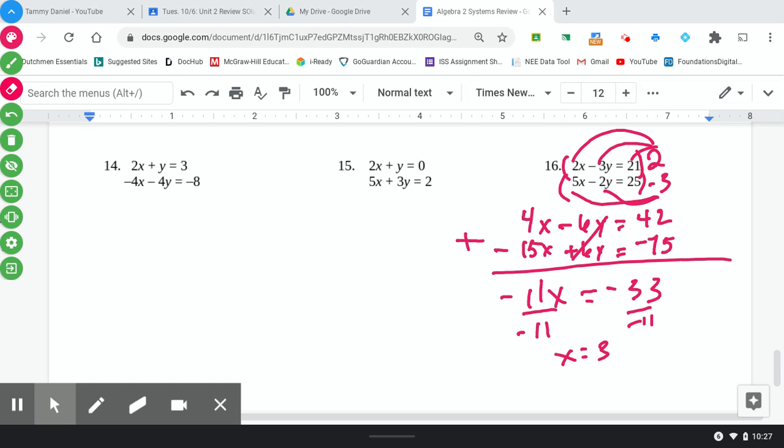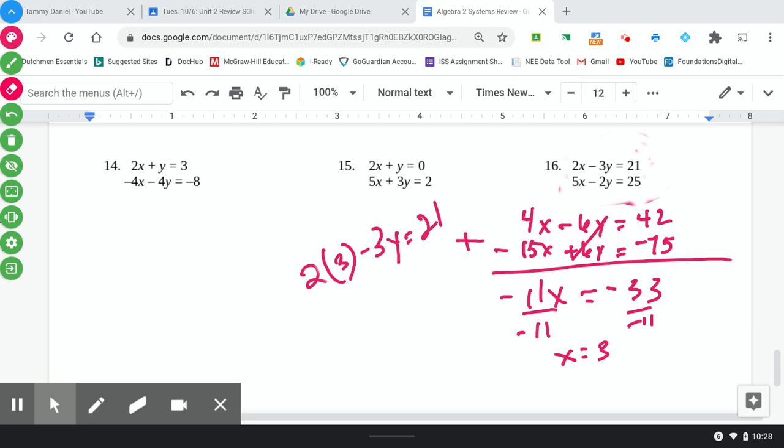So now that we know that x is 3, we can take that x and plug it into either one of these equations. It doesn't matter which one. I'm just going to pick that top one there because it's quickest. So 2x, but we know that x is 3, right? So 2 times 3 minus 3y equals 21.